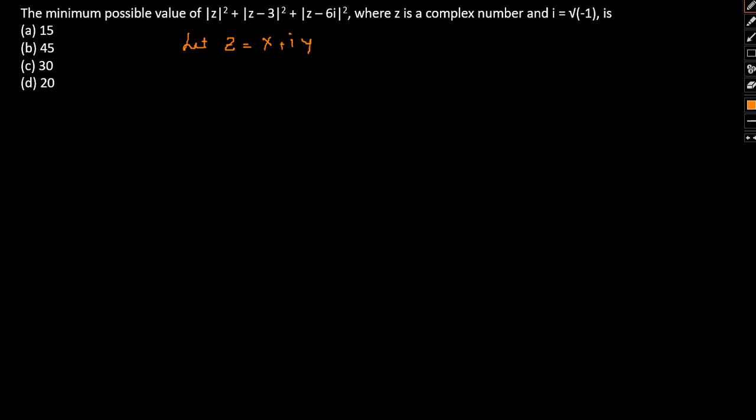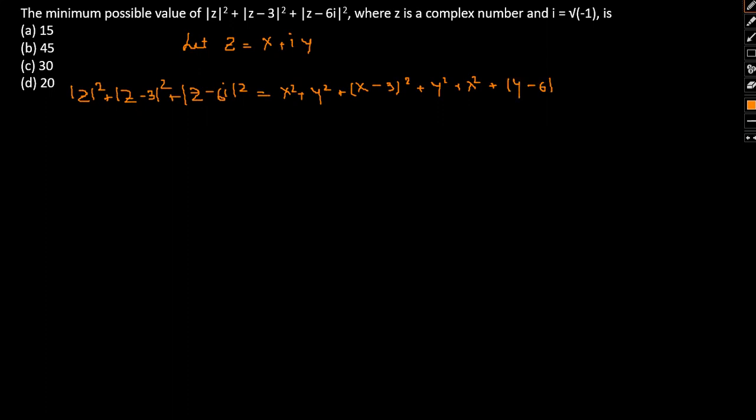So if we are supposed to write this entire term |z|² + |z − 3|² + |z − 6i|², we can write it as x² + y² + (x − 3)² + y² + x² + (y − 6)².